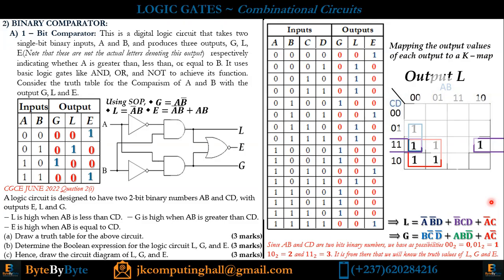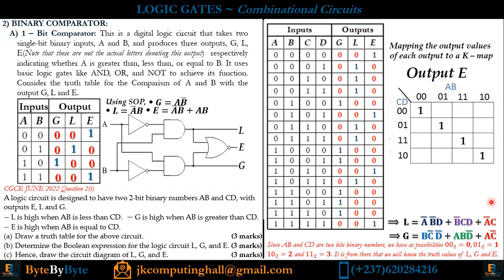We move. For L, this is what we have because we are just taking the cases where they are equal, 0, 0, 0, 0, 0, 1, 0, 1, 1, 1, 1, 1, 1, 0, 1, 0. You see that it resembles the equation of a straight line. Perfect. Okay.